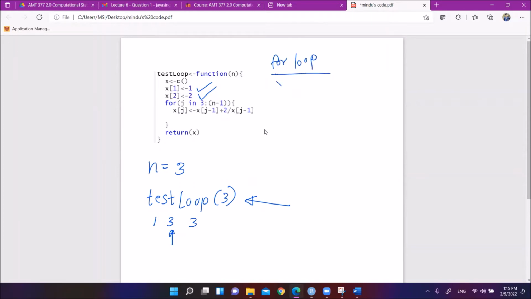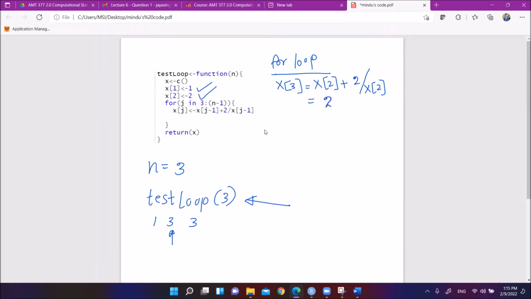When j is equal to 3, it goes here, j equals 3. I'm just substituting values into this particular line. So x3 is equal to x(3 minus 1), which is x2, plus 2 over x2. Here the value of x2 is 2, right?